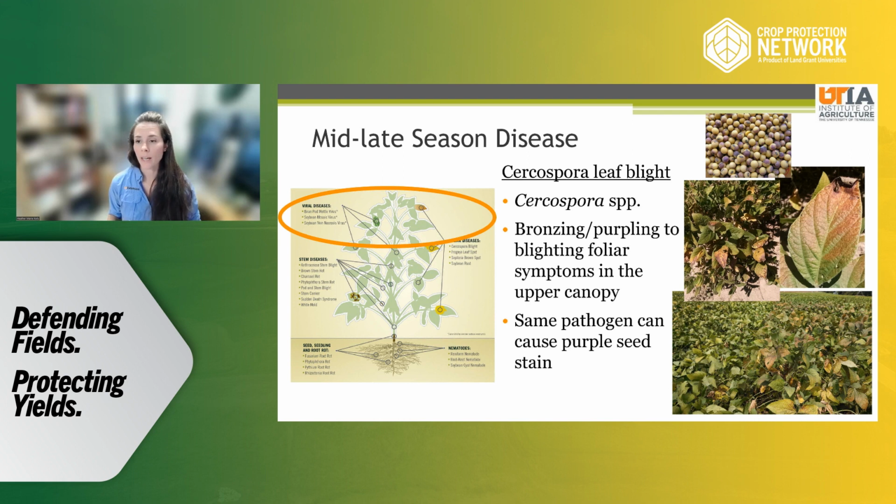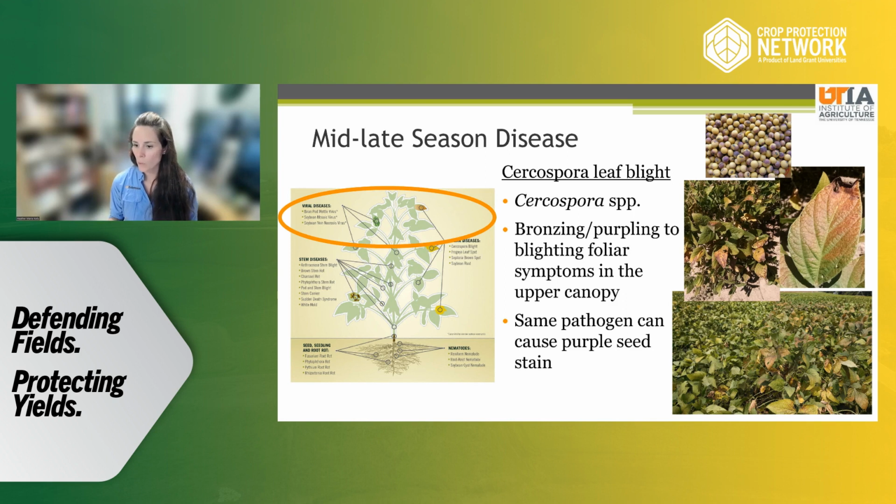And here you've got bronzing and purpling to blighting symptomology in the upper canopy. With this pathogen, multiple Cercospora species have been identified as causative. Essentially, the pathogen is light sensitive and produces a toxin when exposed to light, and hence why you see it in the upper canopy.